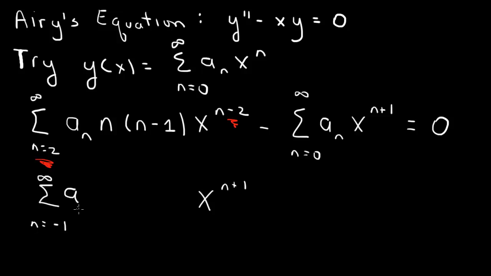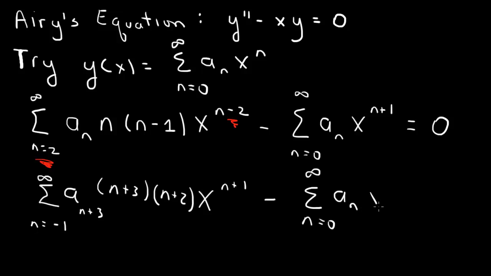So this one has to be shifted up by 3. So it will be n plus 3 times n plus 2. Okay? So these two summations are exactly the same. All we've done is shift the index here. And then we have the last one, which we don't do anything to.